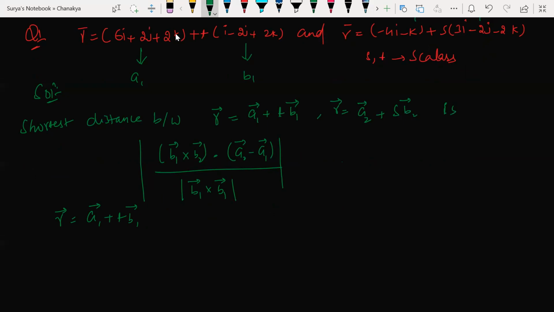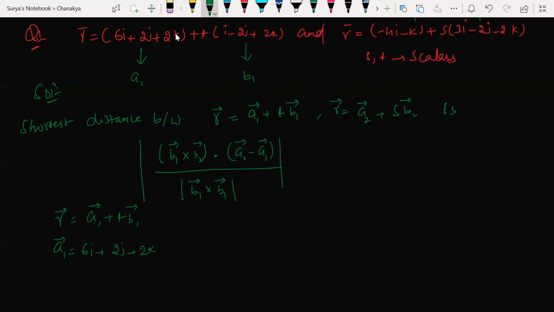This one and this one are both r only, right? So can we compare both the things? Yes, we can. Let us write everything one by one.